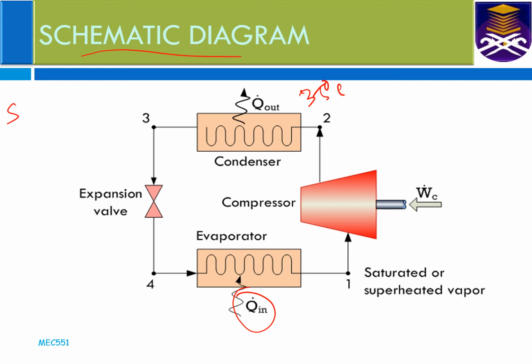If you look on the property table, for the temperature entropy diagram, for 1 bar the temperature for R134a is about -26 degrees Celsius. Or 1 bar is about 100 kilopascal.